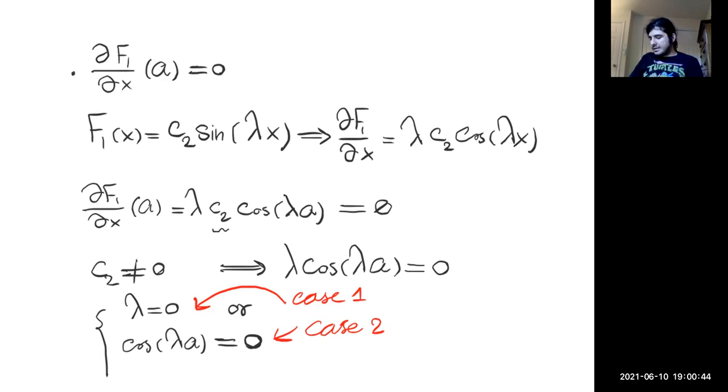I don't want to spend much time on that, but let's just try it to see what we would get. So suppose lambda is equal to 0. What does that tell us? Our solution f1 of x was equal to C2, a constant, cosine of lambda x.